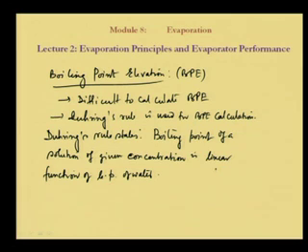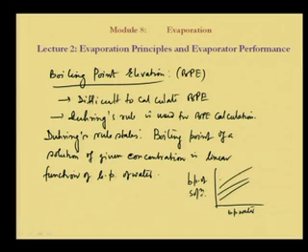That means, it is like this: if this is the boiling point of water, and this the boiling point of some solution, we can have different lines based on various concentrations of solute.